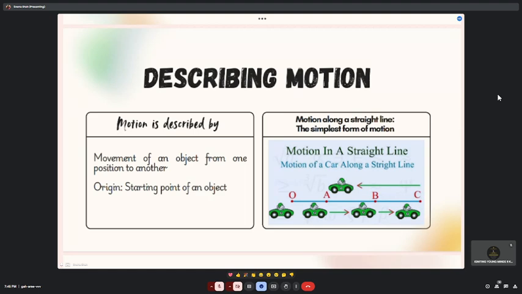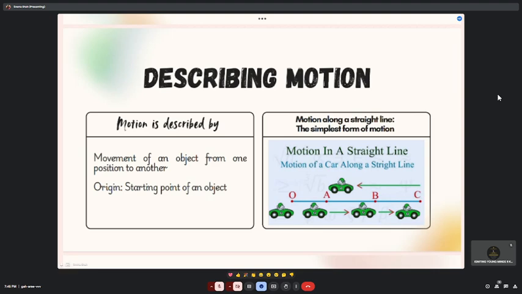What are the other ways in which an object can move? Revolutionary motion, ma'am. Yes, rotational motion. Oscillatory motion, ma'am. What do you mean by that? To and fro motion, ma'am.